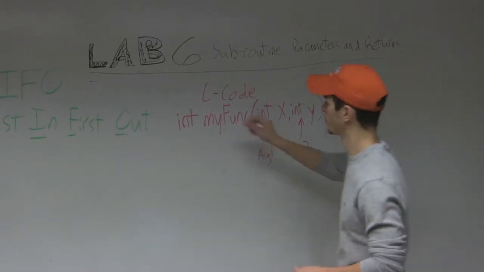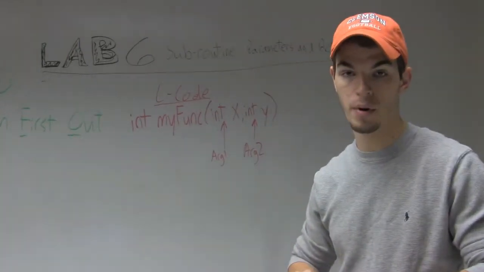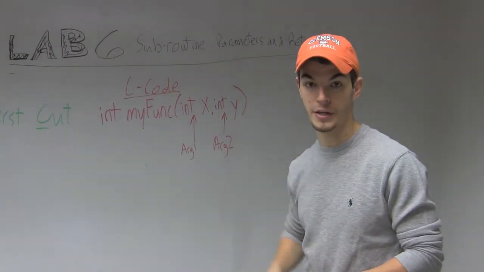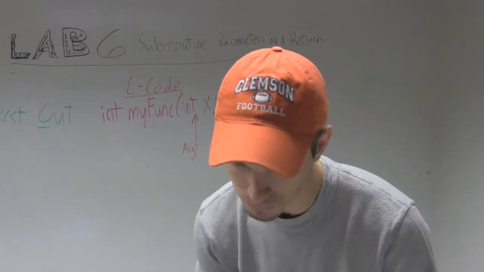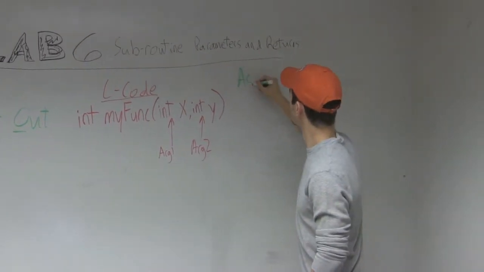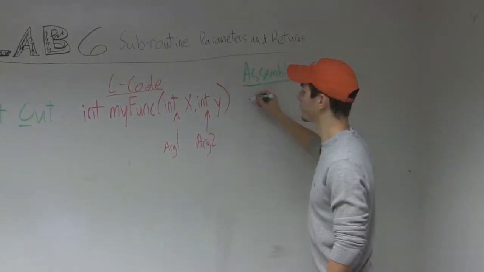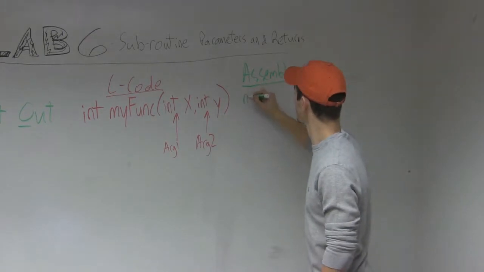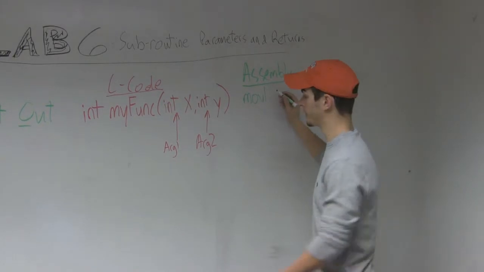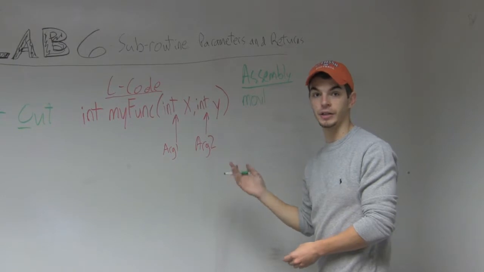Now, if we wanted to put this into assembly, we would have to remember that R2 is what we want to be pushing on the stack first. So, in order to pass them in reverse order, we might say something like this. We want to move whatever argument it is, and this isn't necessarily the exact code that you would use.